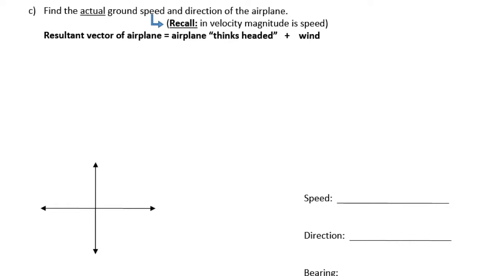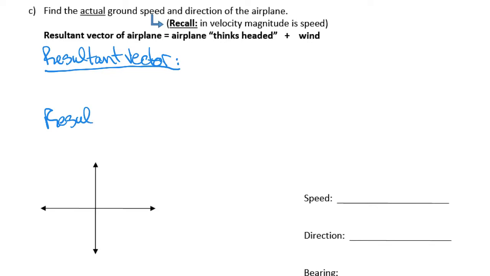So we are going to find first of all the resultant vector, and then we're going to find the resultant speed, and then we will find the direction.